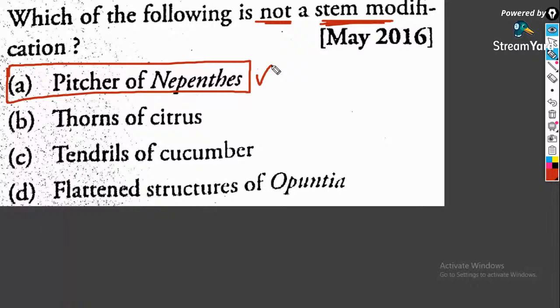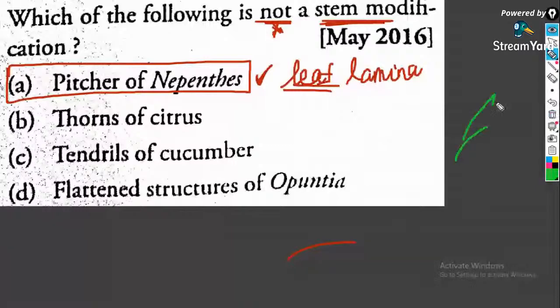It is not a stem modification. Instead, the pitcher of Nepenthes is a leaf modification. The pitcher of Nepenthes is a modification of the leaf lamina. I studied like this. So this is a simple leaf.